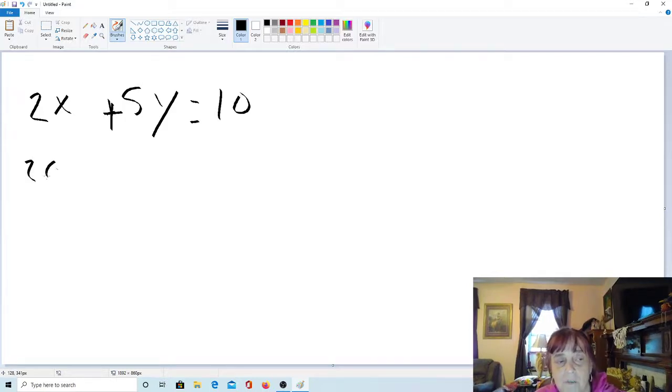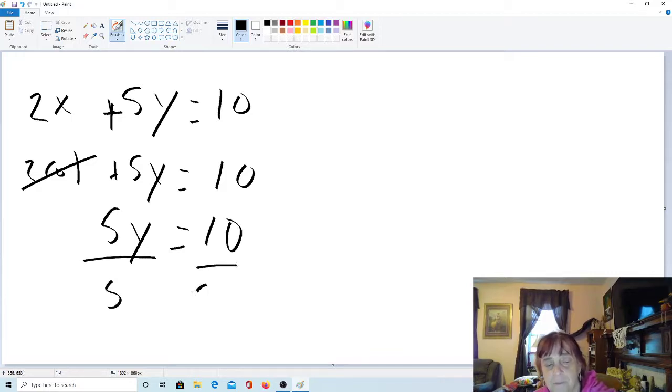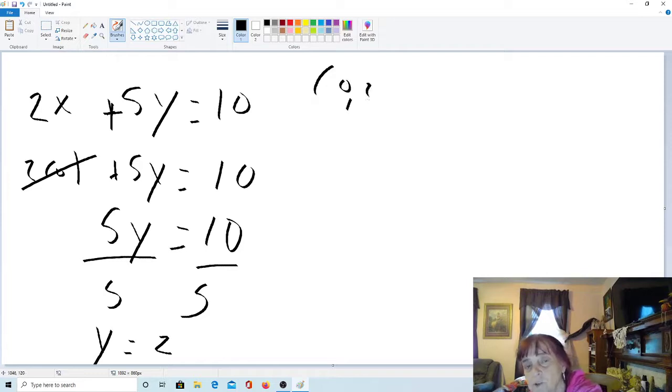So that's 2 times 0 plus 5y equals 10. This goes away, so 5y is 10. Divide both sides by 5. Y is 2. So you have ordered pair 0, 2.